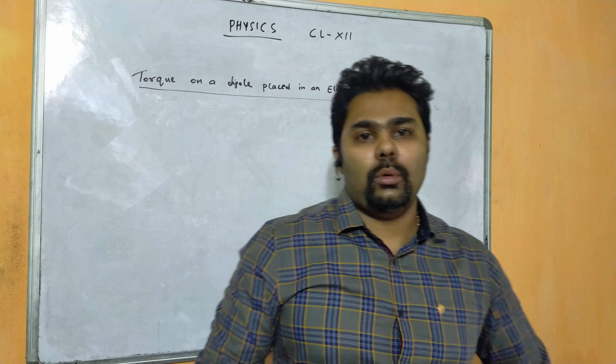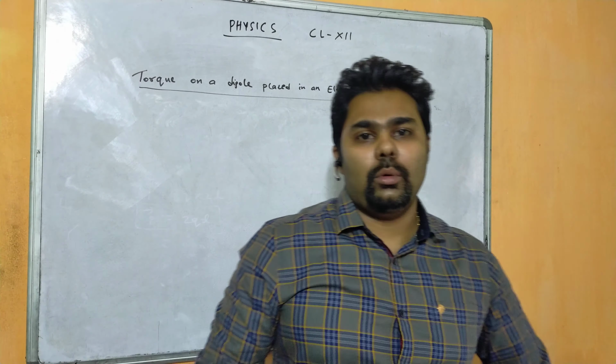Similarly, for the total flux coming out from this ring, the number of electric lines coming out is the flux, that is EdS, and if theta equals 0, then the maximum flux will be coming out.